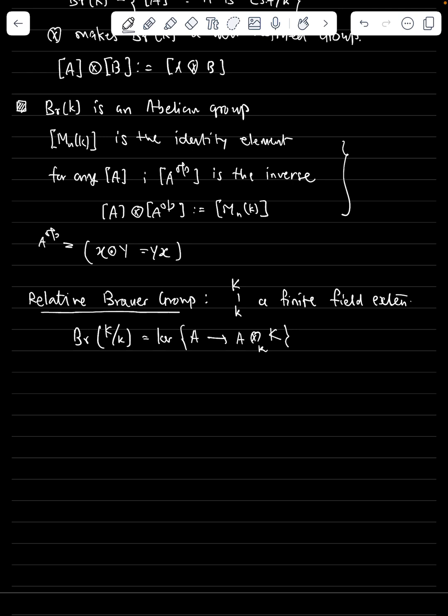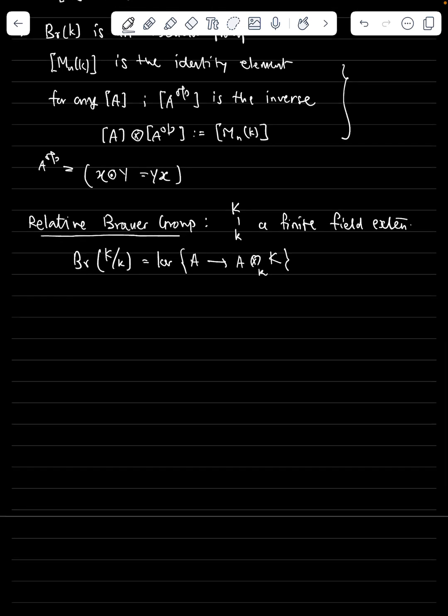You are taking all the central simple algebras over small K, and you are extending the scalars. So you are changing the base to make it an algebra over a bigger field, capital L. And if after tensoring, this thing becomes isomorphic to or becomes Brauer equivalent to the matrix algebra, then you say it's an element of the relative group.